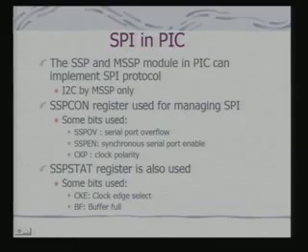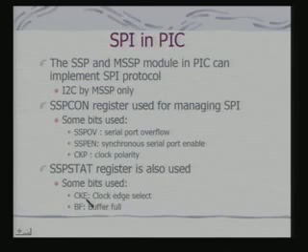So, a bit in SSP con indicates whether there is a serial port overflow. Then you have got the enable bit. If you want to implement your SPI, you have to first enable the synchronous serial port. Only when it is enabled can the whole implementation work. Then you have got two bits. One is CKP, which is clock polarity.